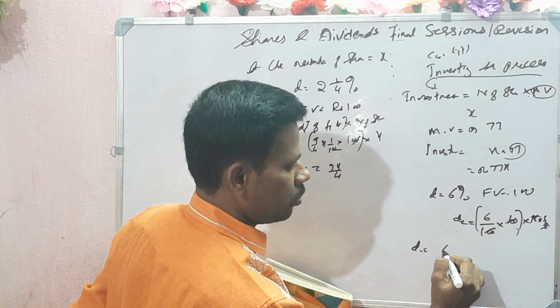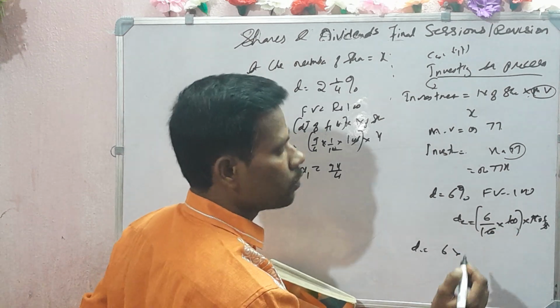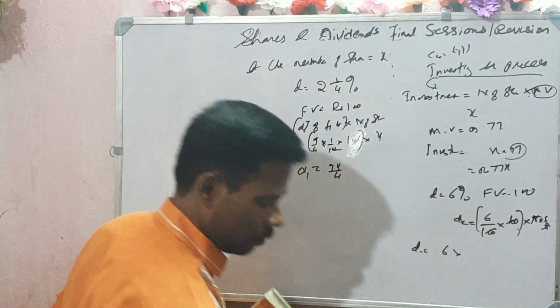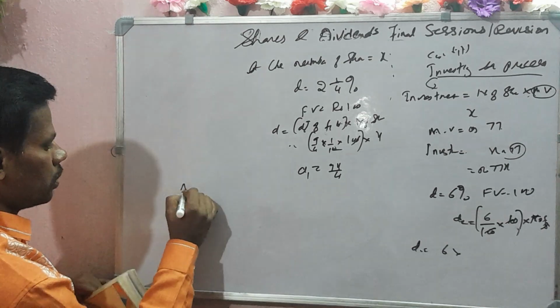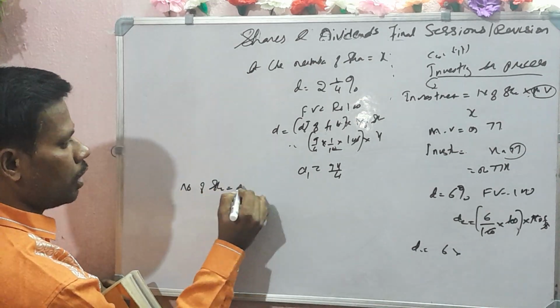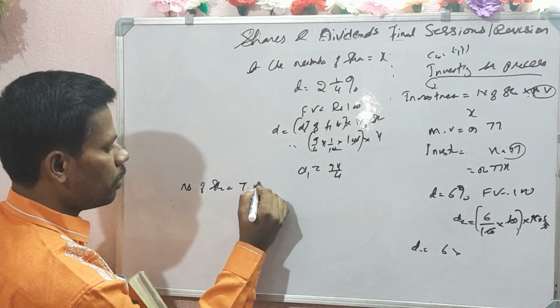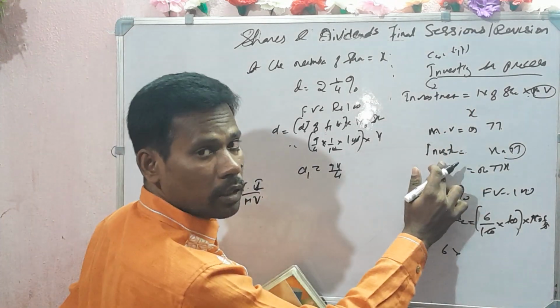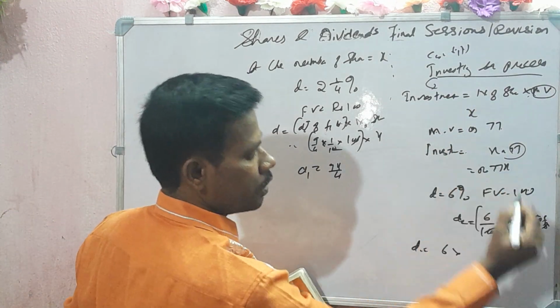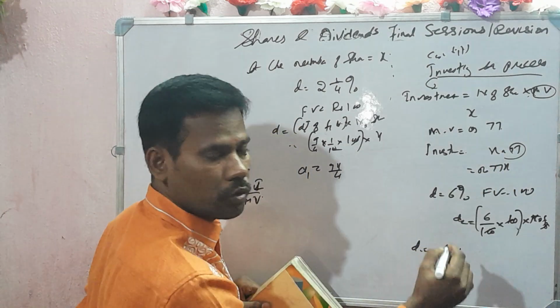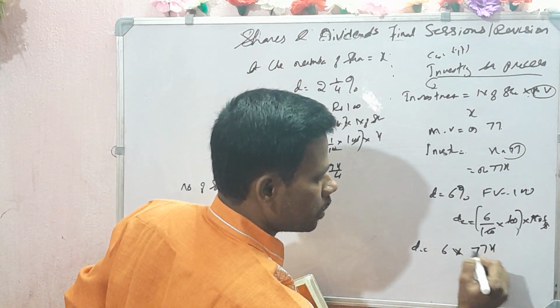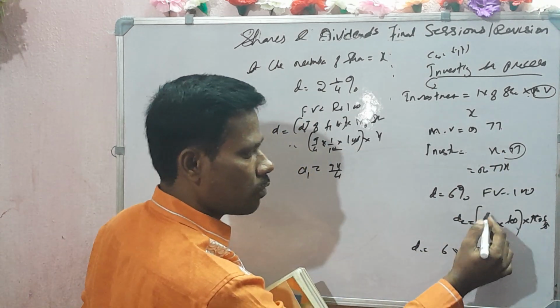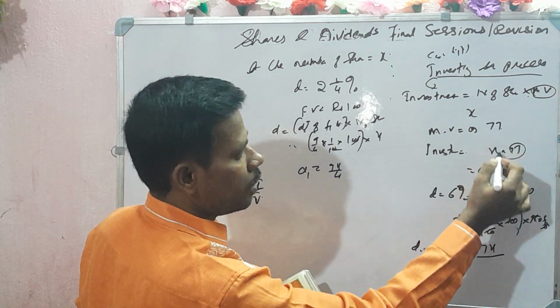D2 is equal to number of shares. Again go for basic: number of shares is total investment by market value. Total investment is nothing but what you have written, no? Total new investment. You can say new investment is equal to 77x by market value. What is the market value?